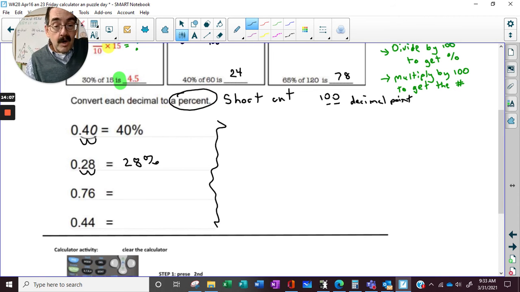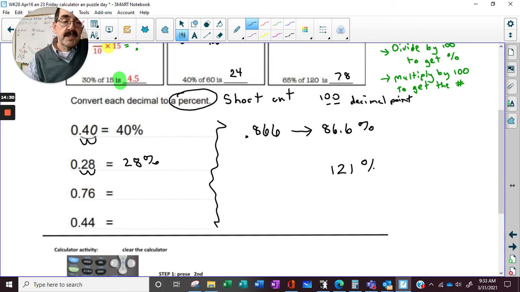Now, on Mathia this week, they said you have the number 0.866. You had to convert to the percent, 86.6%. So now I'm going to give you 121% and 16%. You guys go backwards.